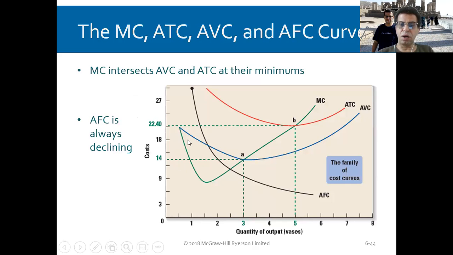The marginal cost intersects the average variable cost and average total cost at their minimum. So if we have the marginal cost, the fixed cost is going to keep declining, doesn't matter how many you produce; the more you produce, the less your fixed cost per unit.